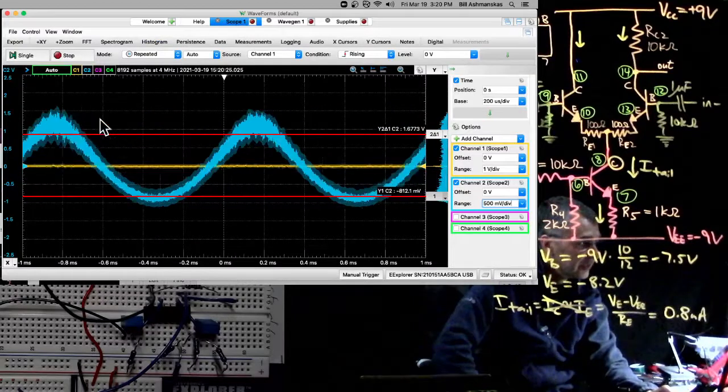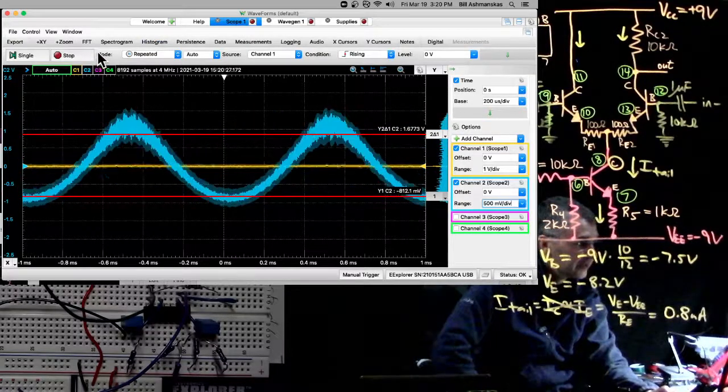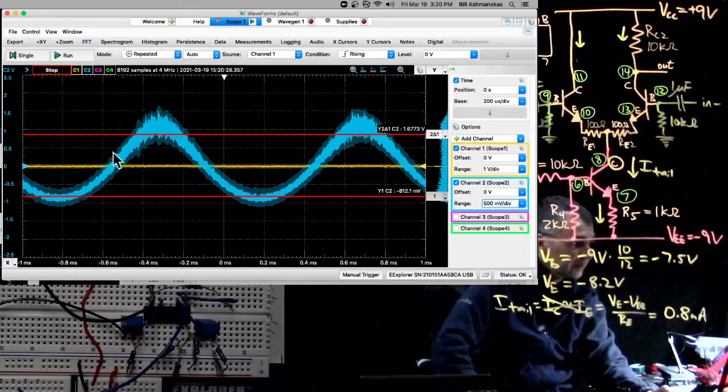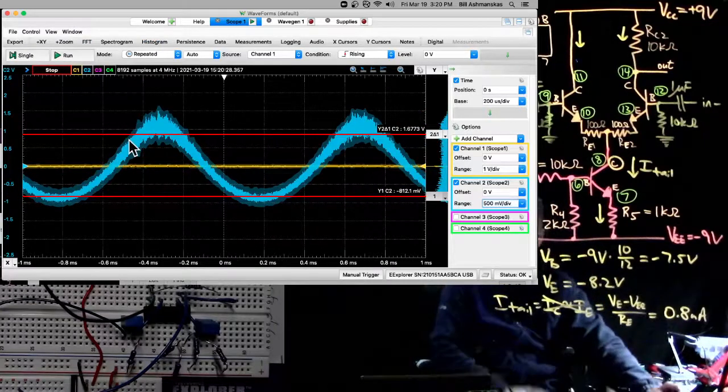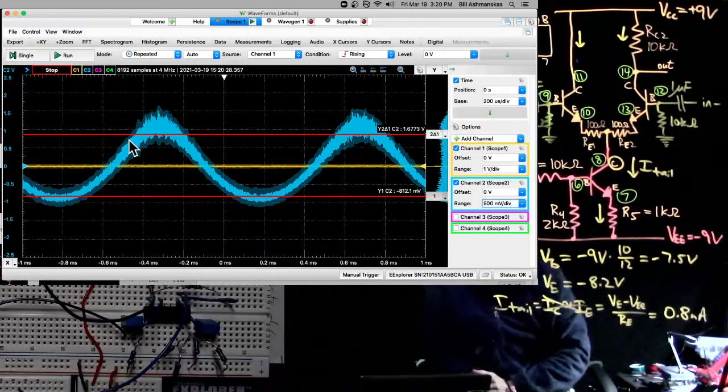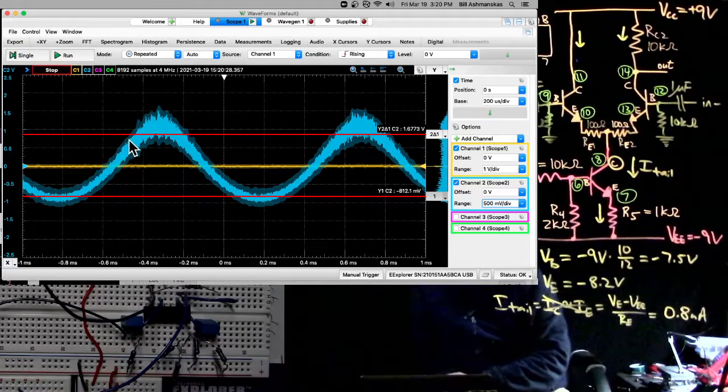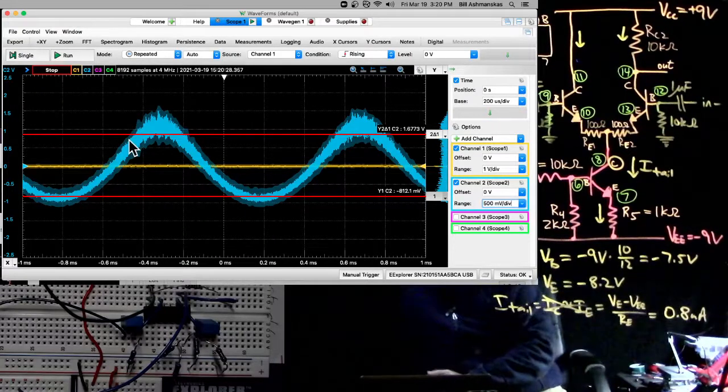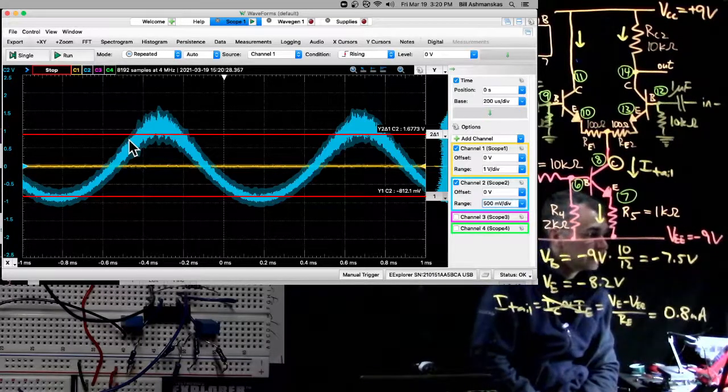And it seems like the output is pretty close to 2 volts peak to peak. So I guess somehow our differential gain is more like 20 now, and I think it was originally 30. Why is that? Gee. Yeah, okay. Well, I'm a little puzzled by that.